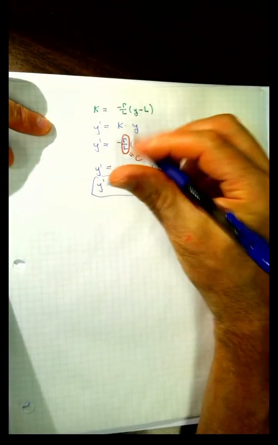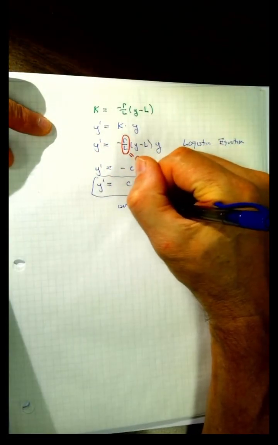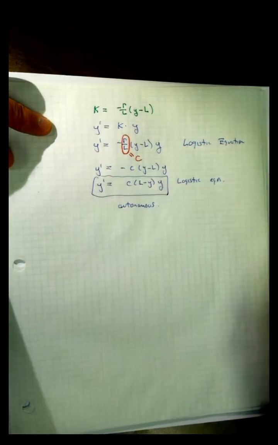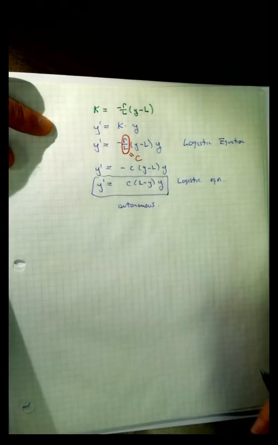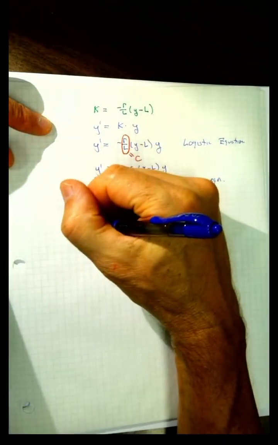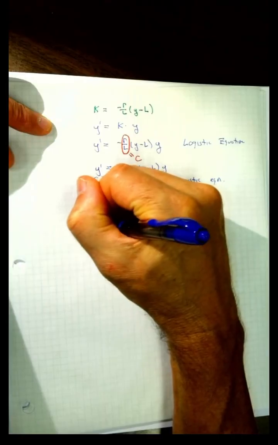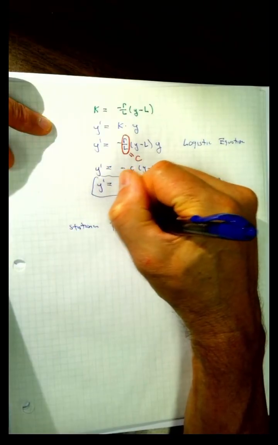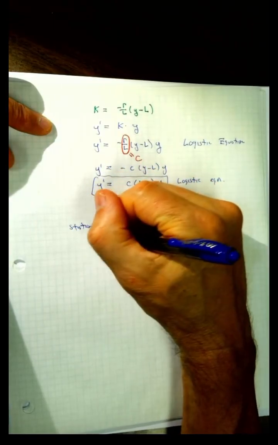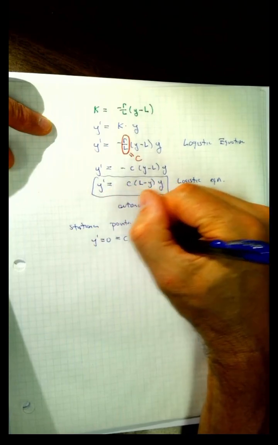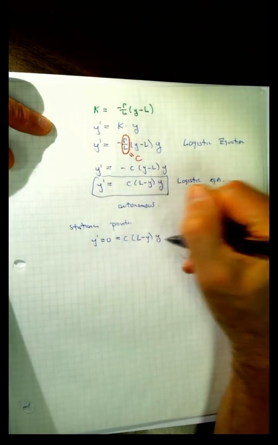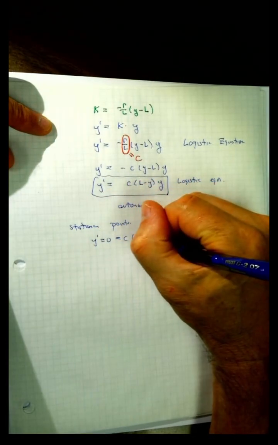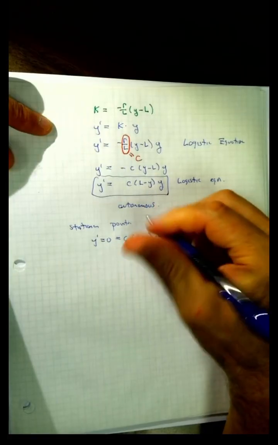Notice this is autonomous, so I can do the phase diagram, and so I can find the stationary points. So I set the derivative equal to 0. So either this is 0 or this is 0.